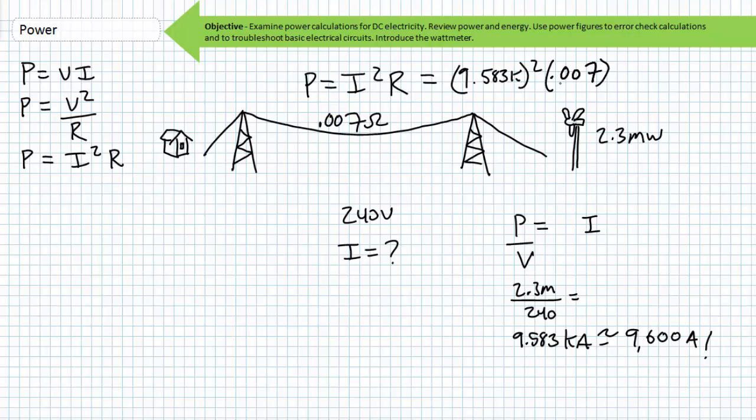Even so, with 9,583.3 amps of current cranking through it, you're going to observe a power loss of I squared R, or roughly 642.9 kilowatts. Again, in the line alone, meaning of the available 2.3 megawatt input, roughly only 1.66 megawatts actually makes it to the city, and the rest just goes to heating up the transmission lines.